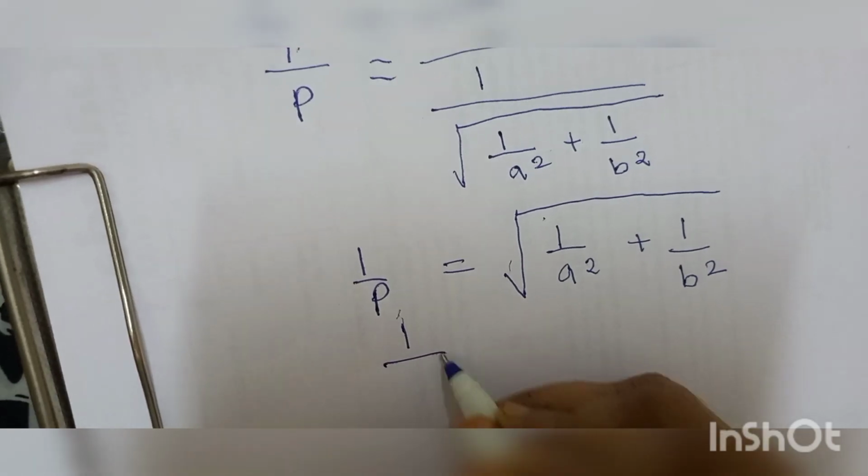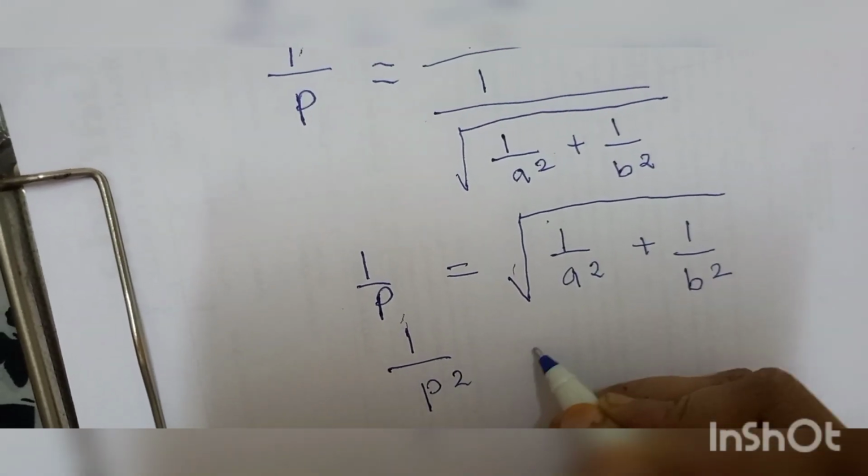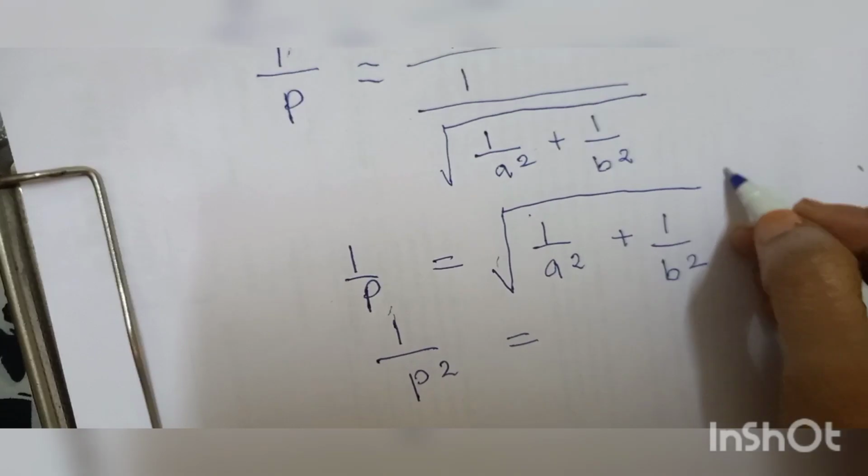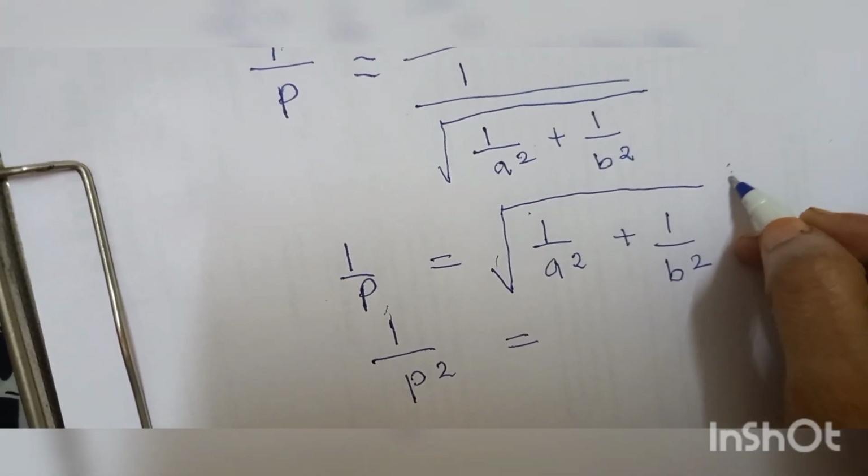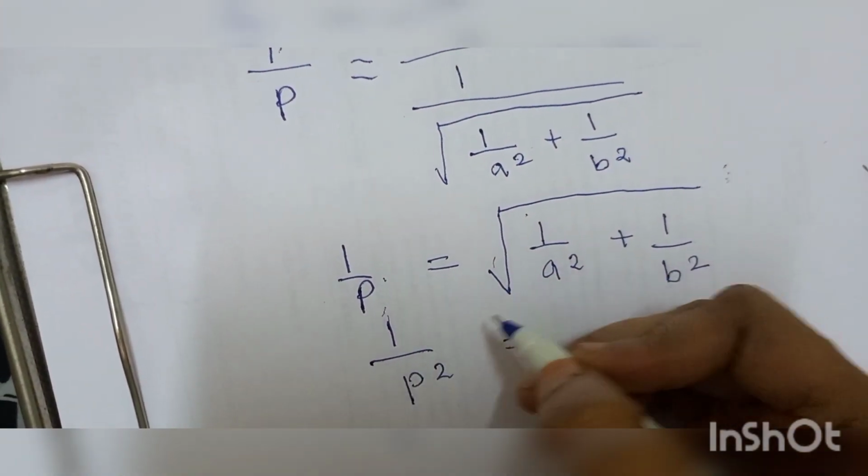Then squaring on both sides. So 1 by p square is equal to, we have to square it. Okay, squaring on both sides.